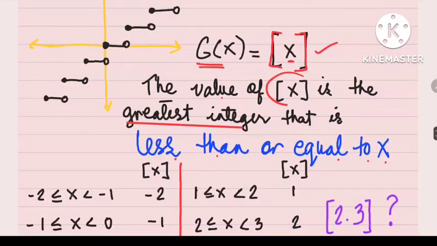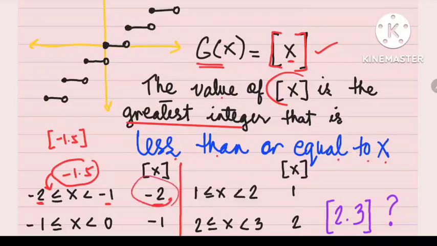Say, when the number is between -2 and -1, it will automatically be that the value of the function is -2. Let's say -1.5. This number is inside this interval. So the greatest integer value of -1.5 is -2.